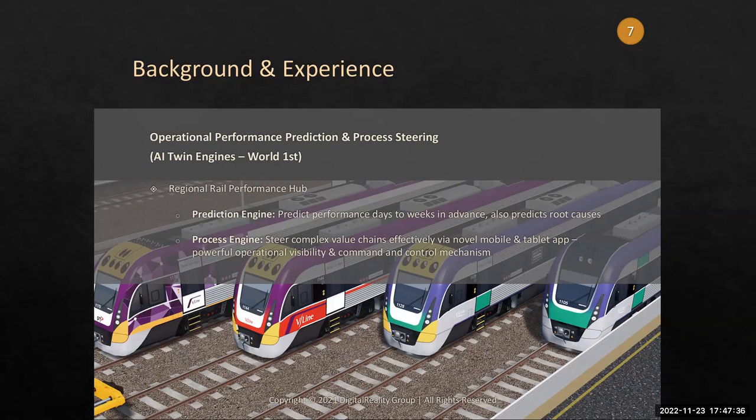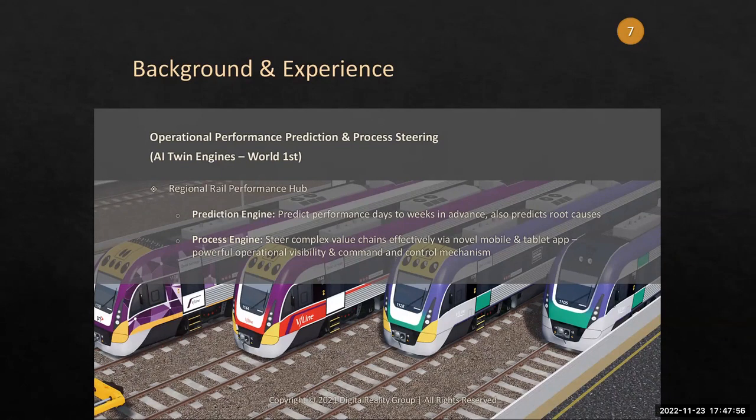And not only that, we will basically tell you why, for example, punctuality went from expected 97% to 82%. Root cause, like the Northeast corridor would have a trespasser event.